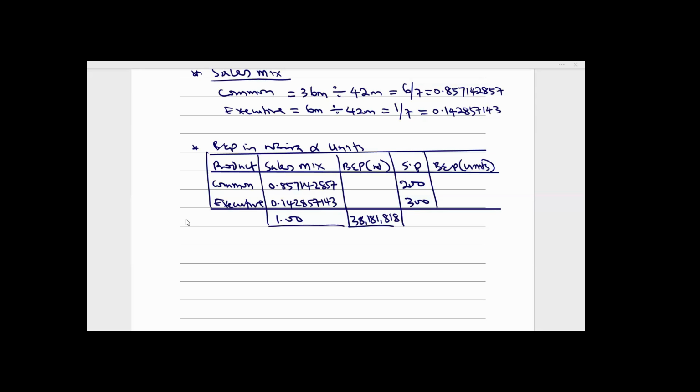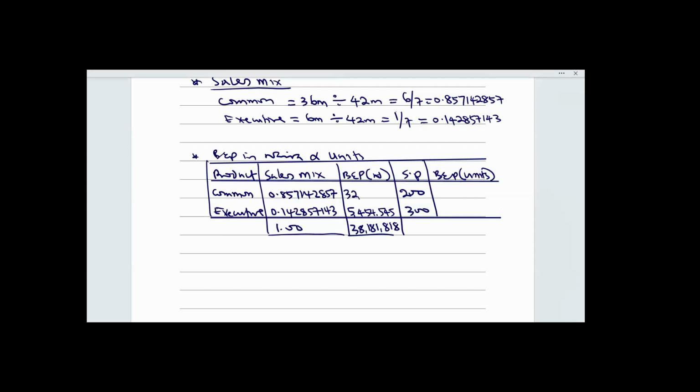Executive is 5,454,545. Then here will be 32,727,273.